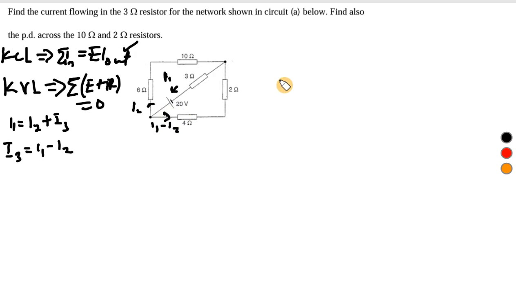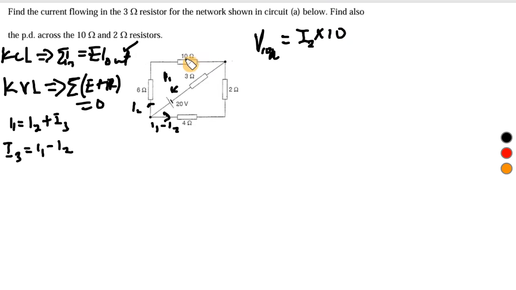And we shall write quickly again that the potential difference across the 10 ohm resistor will be, according to Ohm's law, I times the resistance. In this case, the current that flows here will be I2, times 10 ohm resistance.